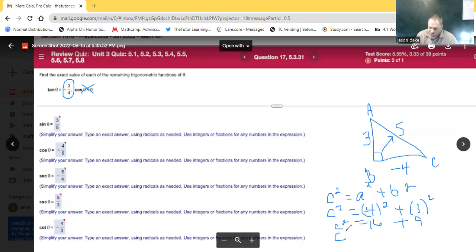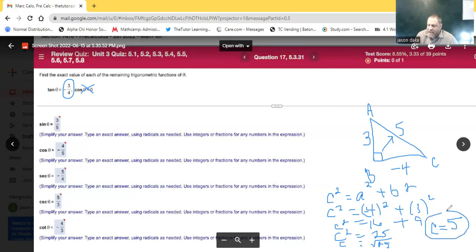So c squared equals 25. We're going to get rid of the squared on this side and take the square root of 25, so c equals 5.